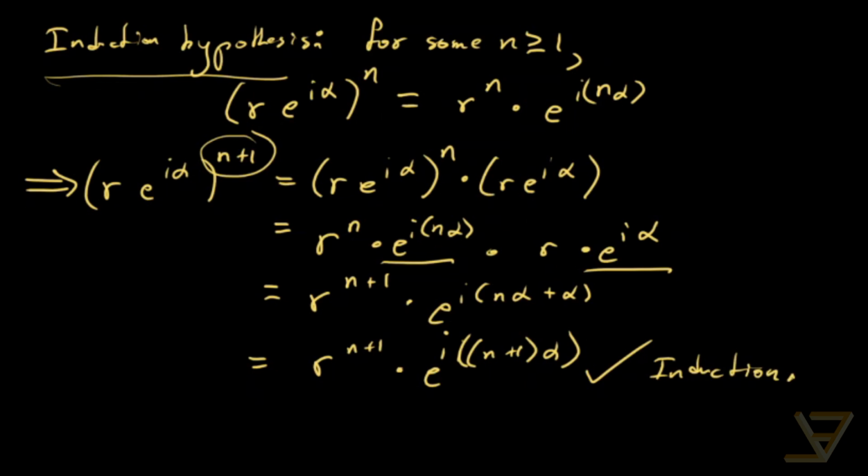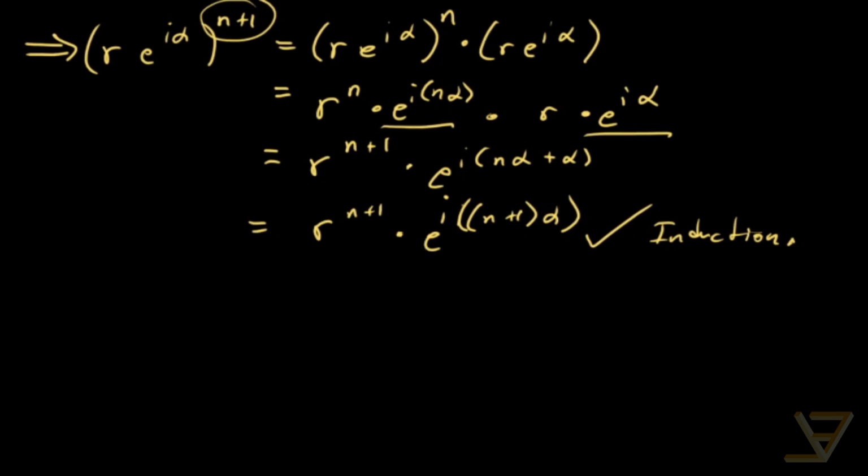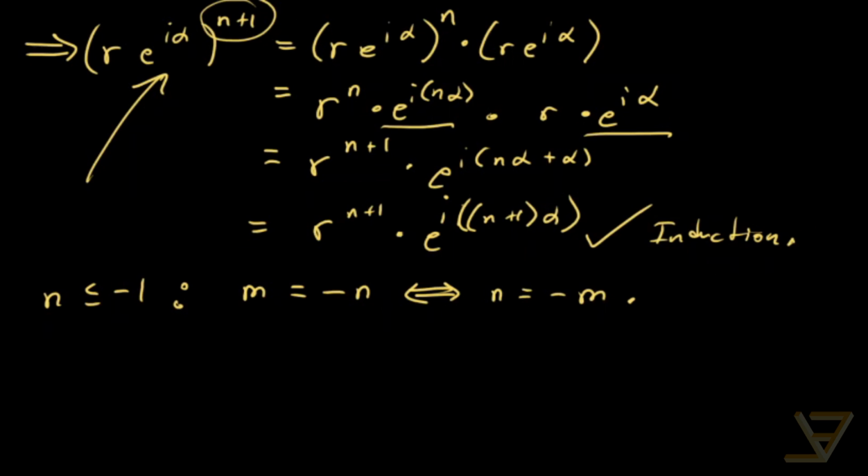The last step is proving De Moivre's identity for n less than or equal to -1, so negative integers n. And what we'll do is use the positive version by setting m equals -n, which is equivalent to n equals -m. So we'll use whichever one of these is convenient.